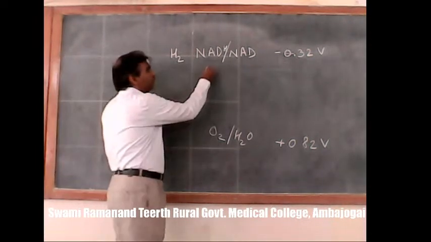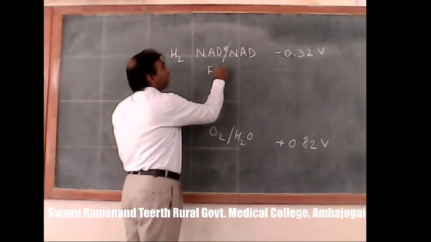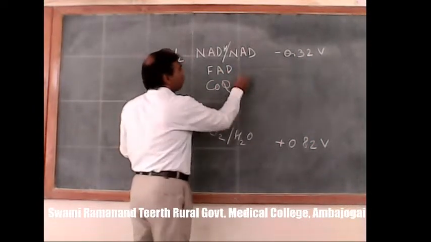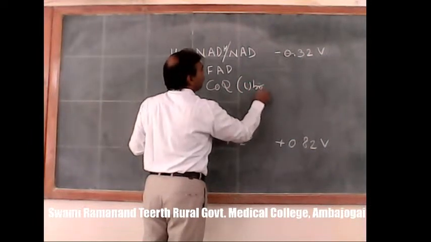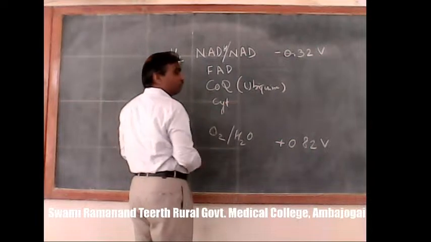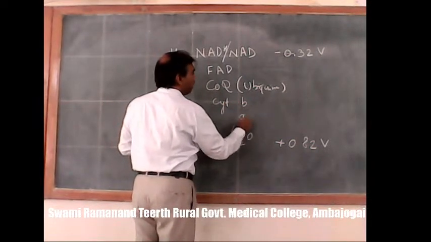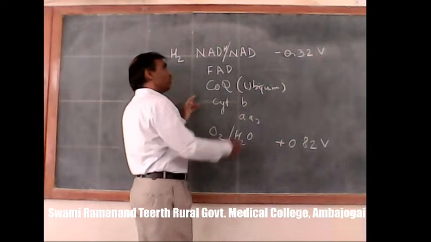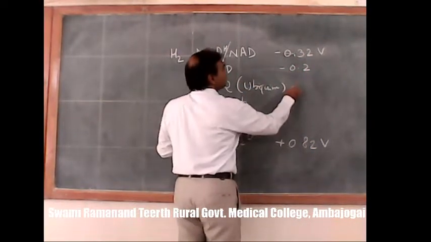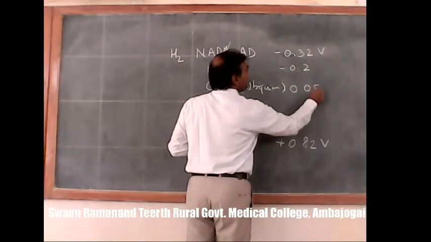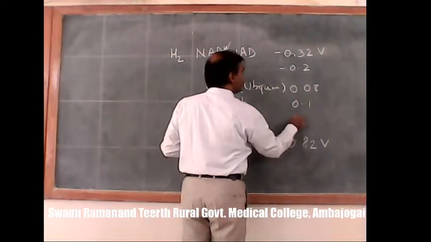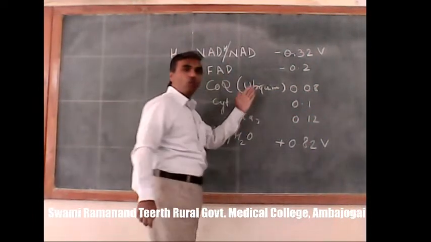And there are certain substances in between, like FAD, coenzyme Q, also called ubiquinone. Then cytochromes, cytochrome b, c, a, a3. Coenzyme Q is around minus 0.2, cytochrome c is around 0.08, cytochrome b likewise 0.1 or 0.12 volts, something like that.